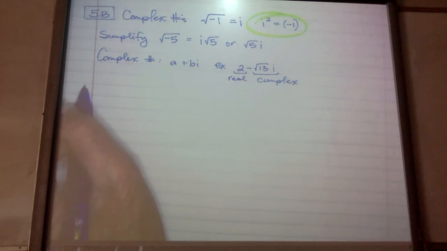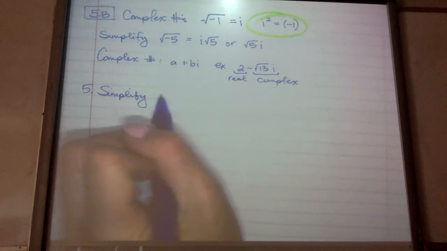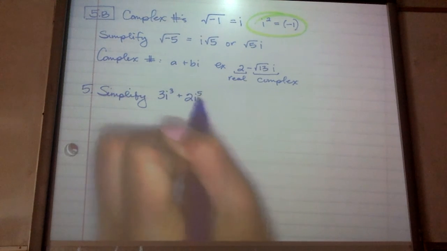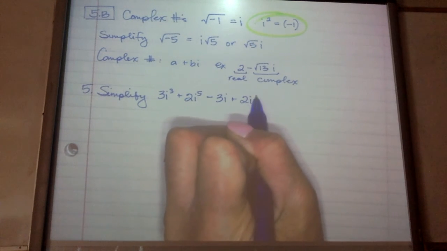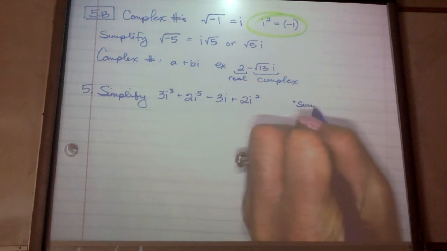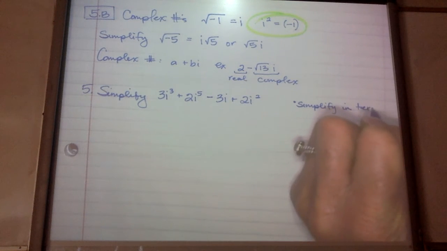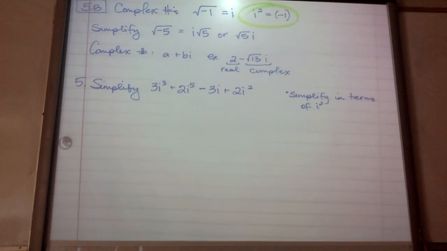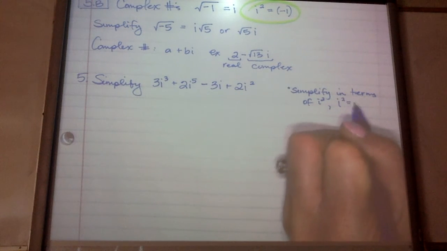So I believe we're on example 5. Simplify the following: 3i cubed plus 2i to the 5th minus 3i plus 2i squared. Now I'm going to simplify in terms of i squared, because I know that i squared equals negative 1.